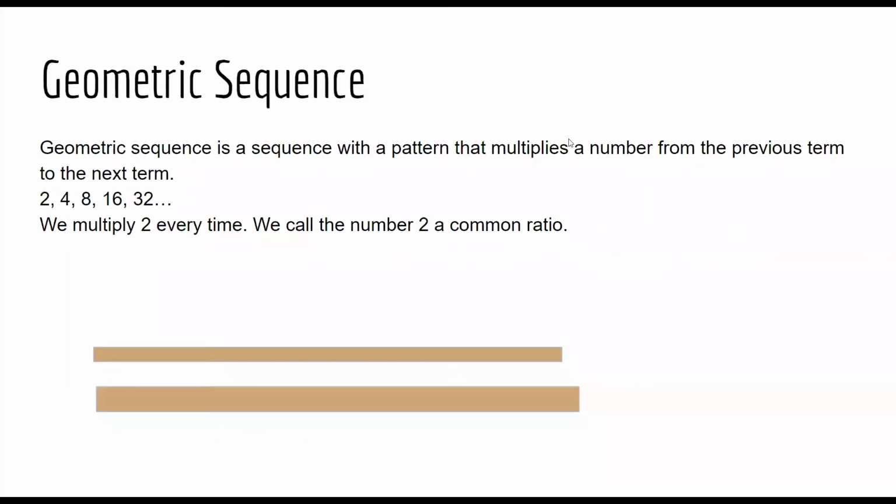Okay, let's move on to geometric sequence. A geometric sequence is a sequence with a pattern that multiplies a number from the previous term to get the next. So for example, 2, 4, 8, 16, 32. We multiply by 2 every time. So we call this number 2 a common ratio.